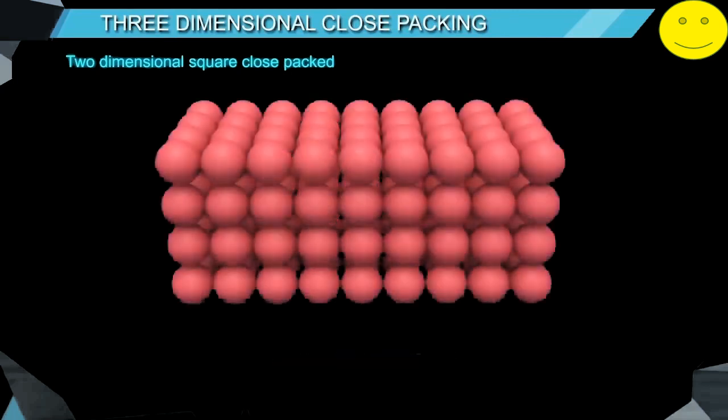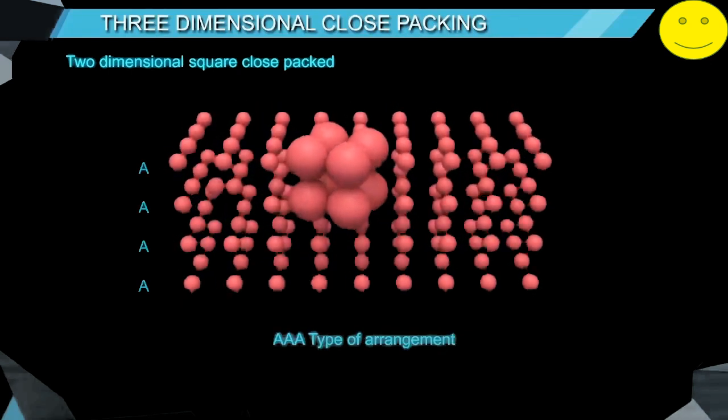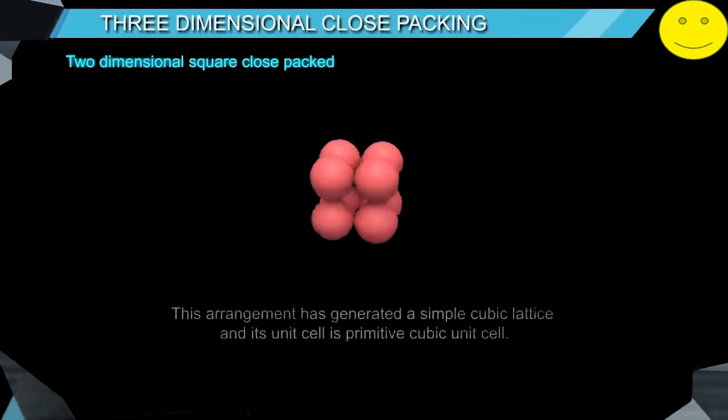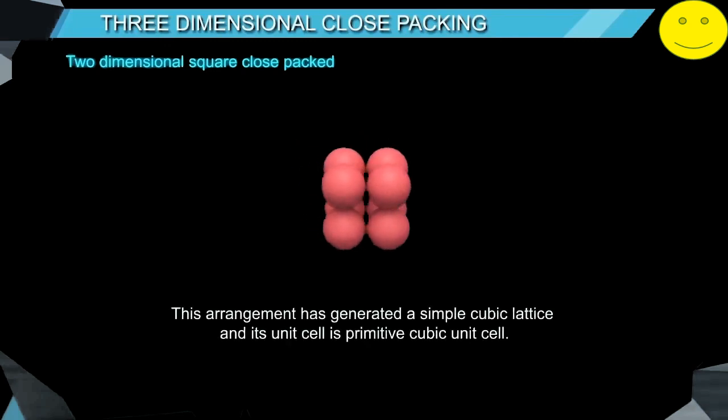If we call the first layer A type, and since all the layers are of the same type, this kind of arrangement is known as AA type of arrangement. On observing carefully, we will find that this arrangement has generated a simple cubic lattice, and its unit cell is a primitive cubic unit cell.